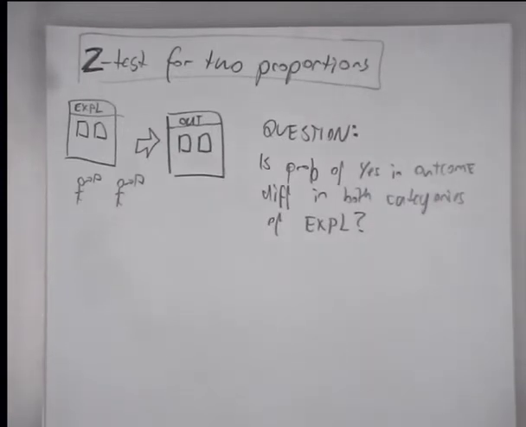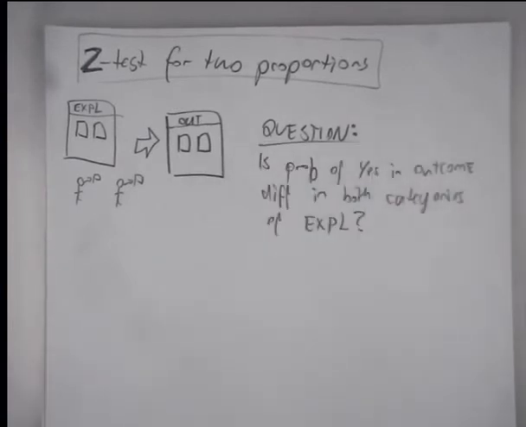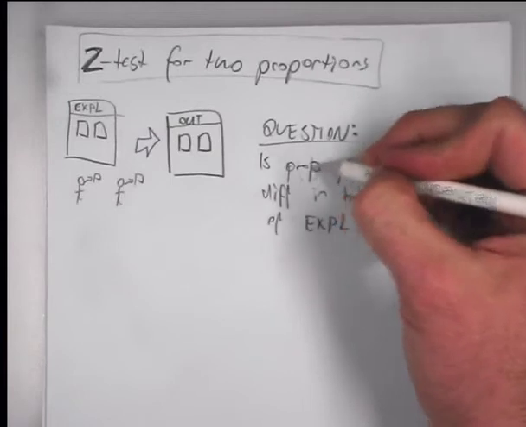Okay? That's my question. So my null hypothesis, or the proportion, okay, not necessarily the probability, but it could also be the proportion of yes. So proportion will do the trick too.